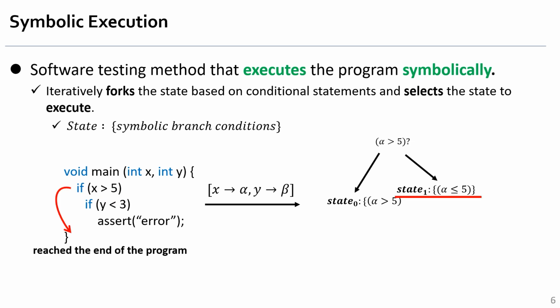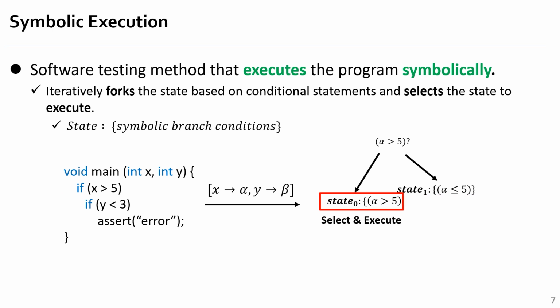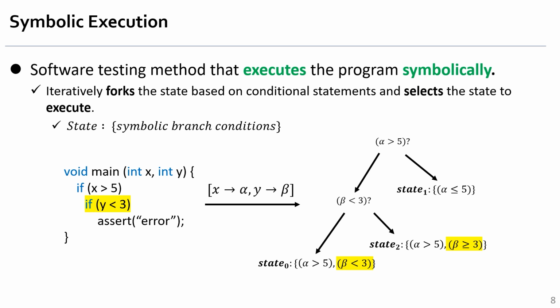Next, we have to select one state to execute in the next iteration. In this example, state 1 already reached the end of the program. So state 0 will be selected and executed. When we execute state 0, it meets the second conditional statement, which is highlighted with yellow color. And as with the first condition, the second condition can be satisfied in both cases, true and false.